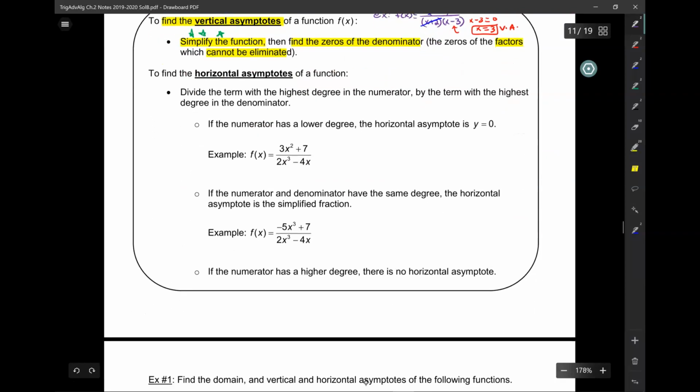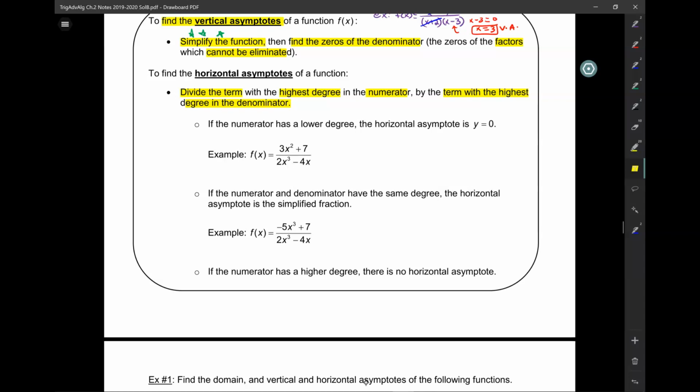How do we find horizontal asymptotes? There are 3 cases. What you have to do is look at your function and look at the term with the highest exponent. You divide the term with the highest degree in the numerator by the term with the highest degree in the denominator.